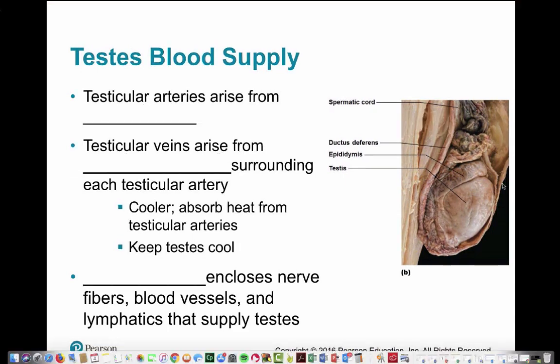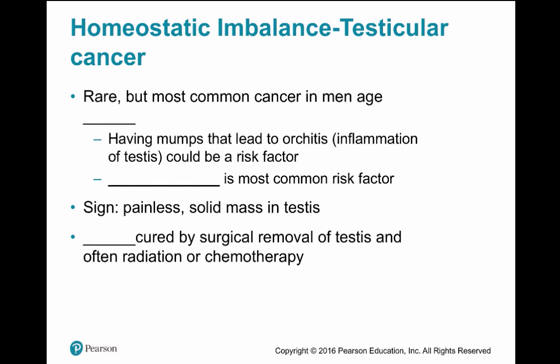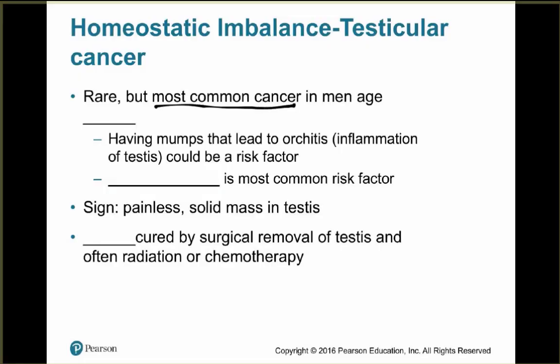Now let's talk a little bit about the homeostatic imbalances that can happen to the testes. It's rare, but testicular cancer is the most common cancer in men from the ages of 35 to 50. Having mumps that leads to orchitis, that's an inflammation of the testes, could be a risk factor. Cryptorchidism is the most common risk factor, an undescended testis.